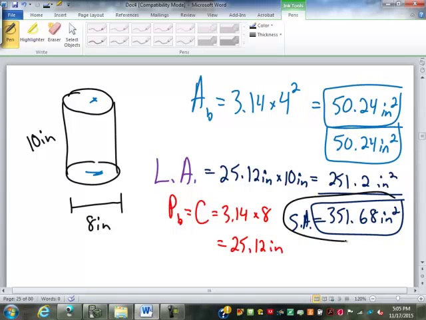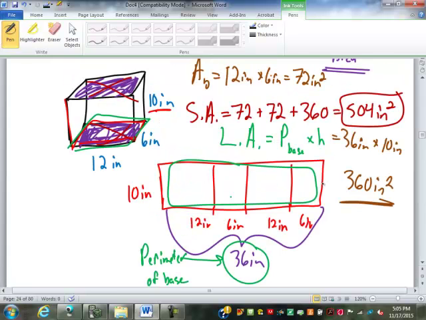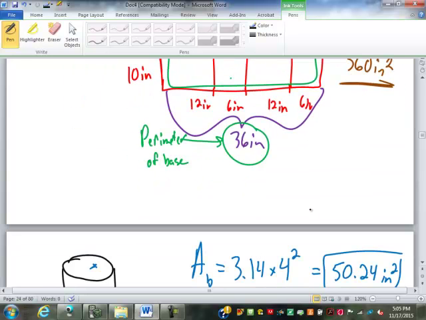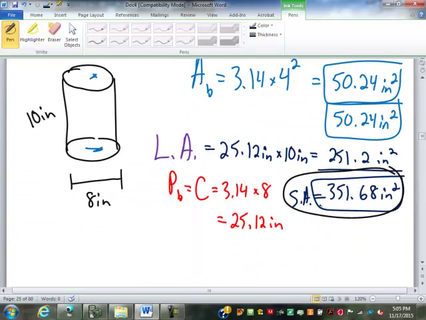What do you think? Okay. Good stuff? Yeah. On the rectangle, the book defines it as 2 times the length times width plus 2 times length times height plus 2 times width times height. What would it be equivalently for your cylinder? For the cylinder?